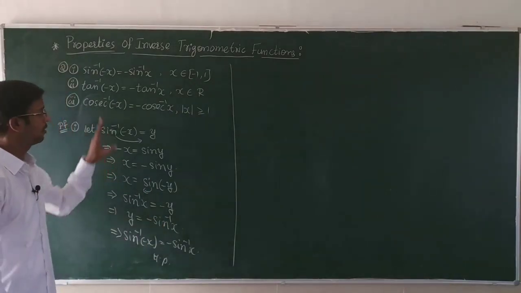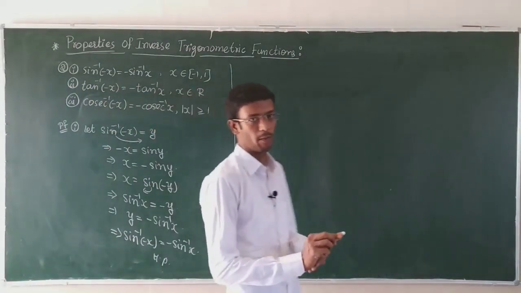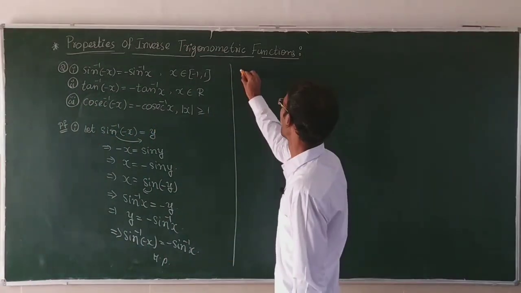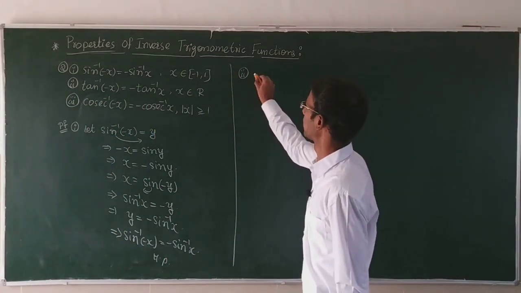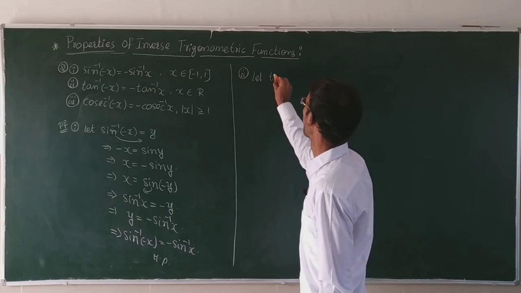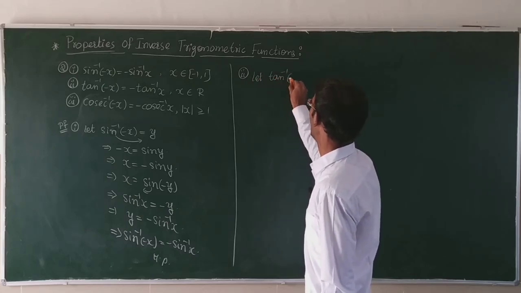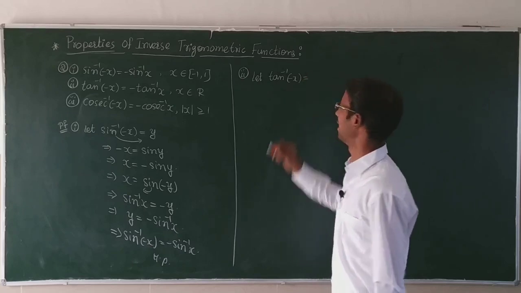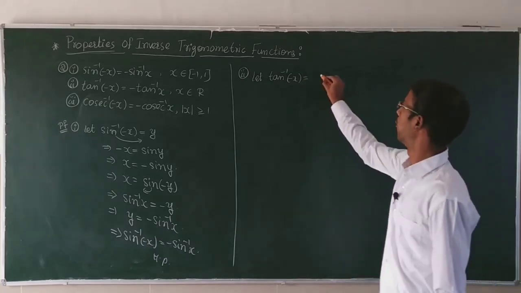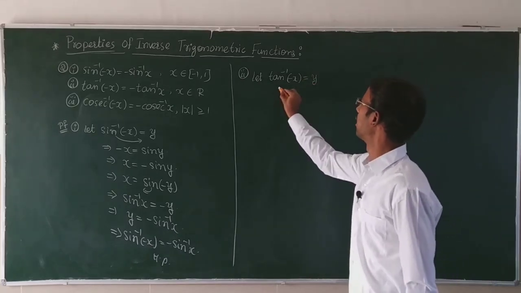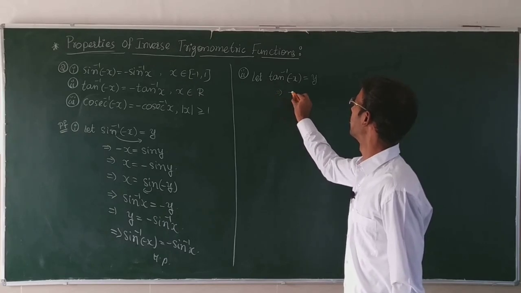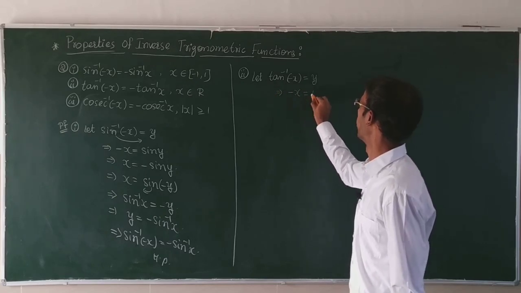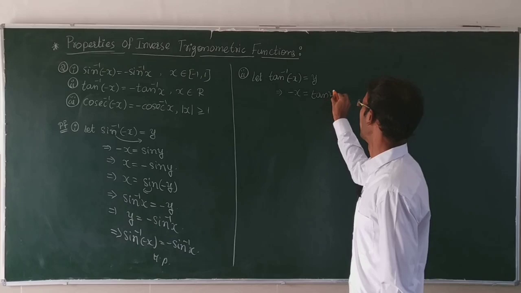Similar, same to same as the second property. See the second property. Number 2, let tan inverse of minus x is equal to y, I am taking. This implies minus x is equal to tan y.